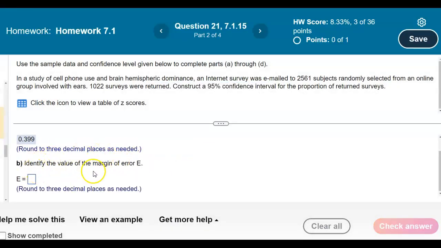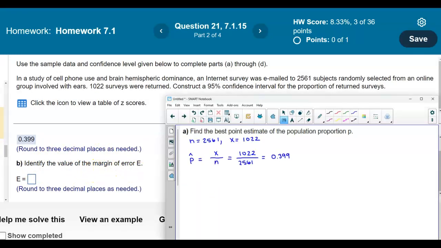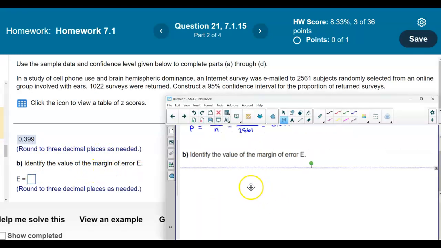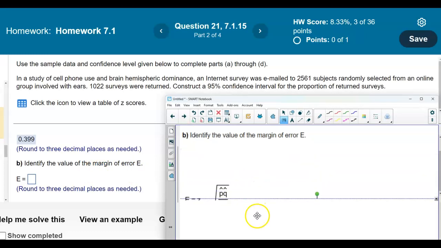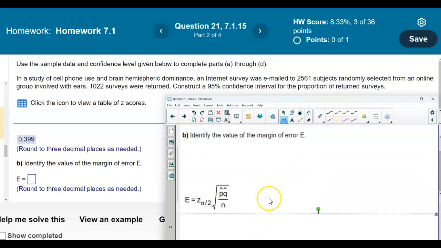Now we need to identify the value of the margin of error. To identify the margin of error, we have to use the following formula, where we have the Z critical value, the point estimate, the complement of the point estimate, and the value of N, which is the sample size. Well, we know the value of N, which is 2,561.